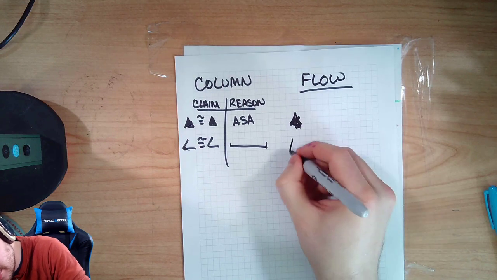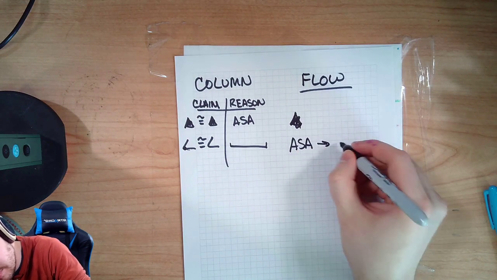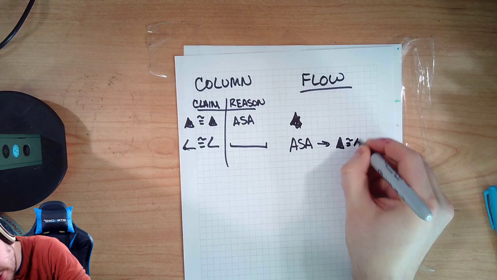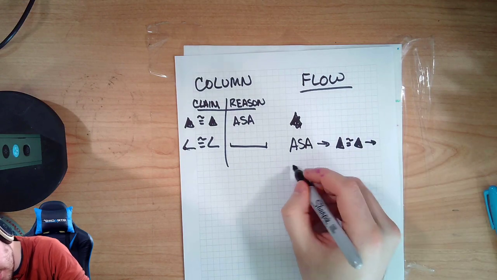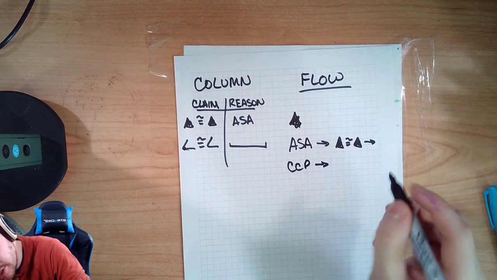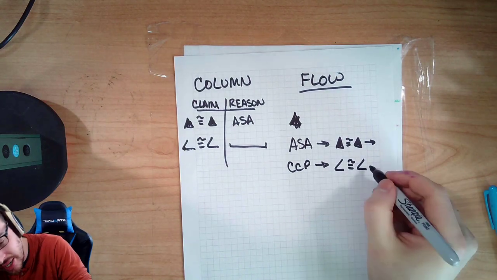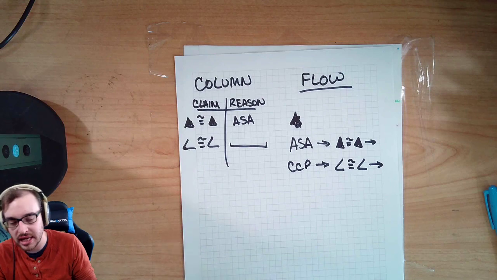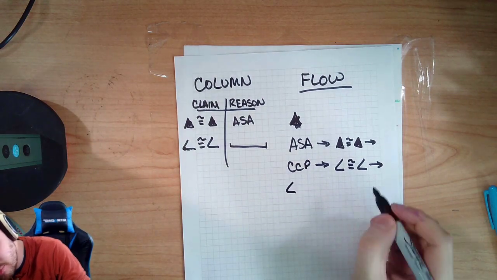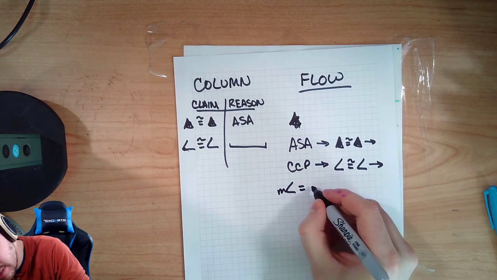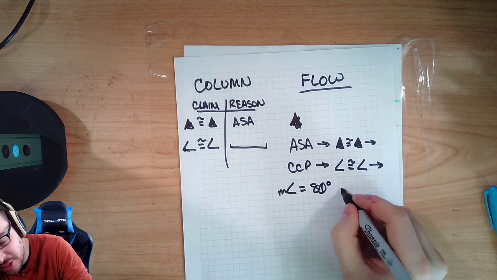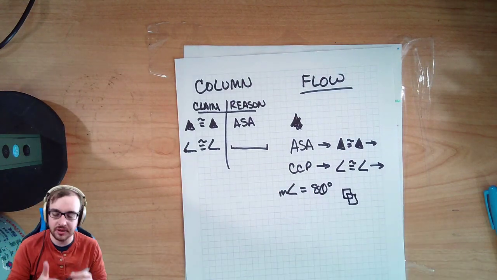Angle side angle means that these two triangles are congruent. If these two triangles are congruent, then by CCP, these two angles on the triangle must be congruent. And if those two angles are congruent, pretend we know one of the angle measures, that means one of those angles must measure 80 degrees. And there's our proof. We wanted to prove that that was 80 degrees or something.